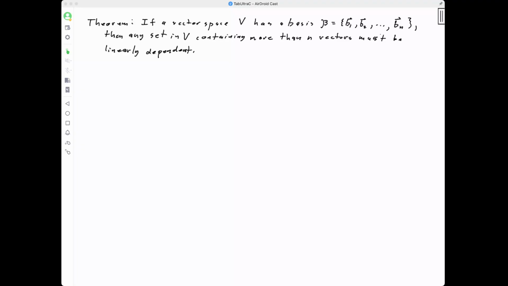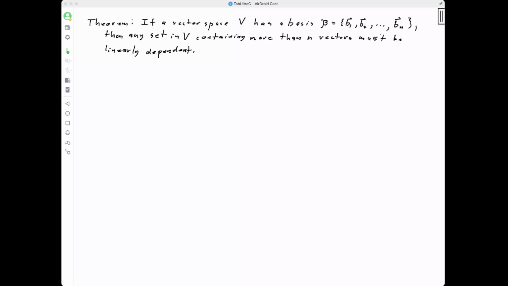And you can see this because if you take a set with one more vector than in that basis, then you can write each one of the first n vectors as linear combinations of the n basis vectors, and then the last one, however you write it as a linear combination, you can pull that information from the first n vectors that you looked at.